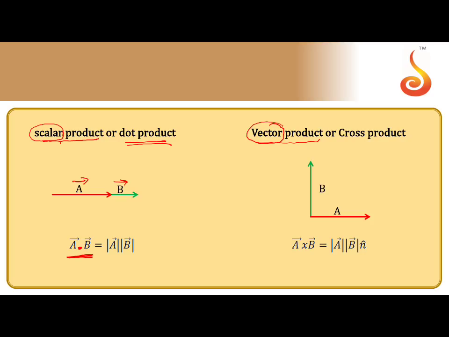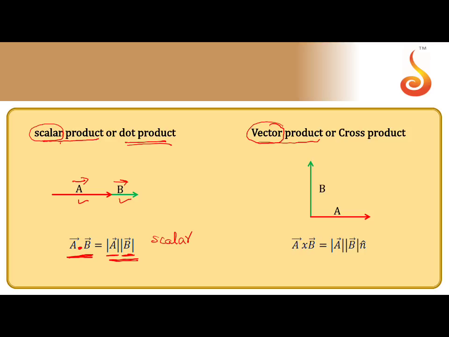It is given by the magnitude of A into magnitude of B. So I repeat, the scalar product or the dot product of two vectors which are in the same direction is nothing but the product of their magnitudes, and it is a scalar quantity.